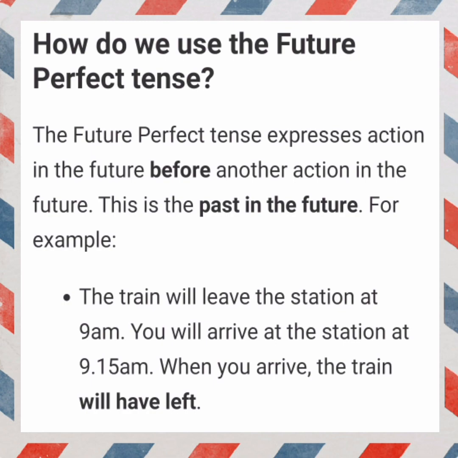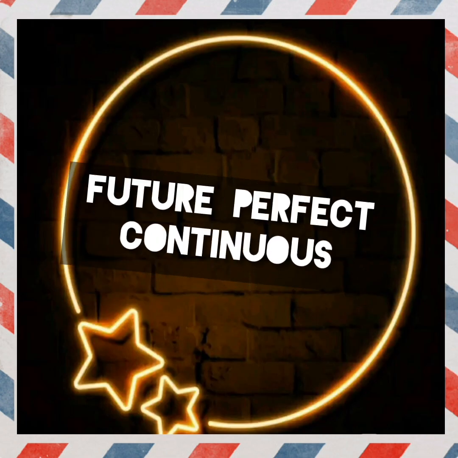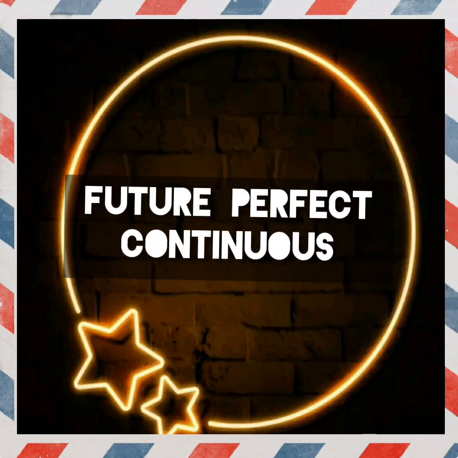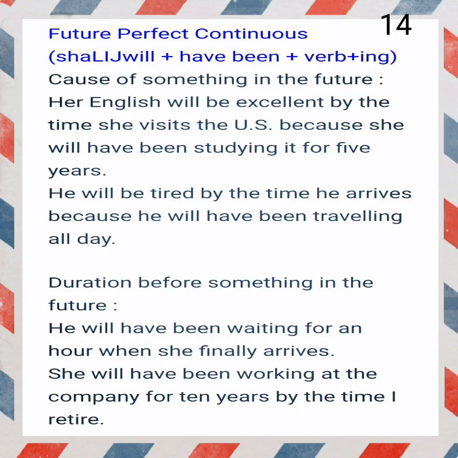Now, let's see about future perfect continuous tense. The format of future perfect continuous is will or shall plus have been plus verb plus ing. It expresses cause of something in the future. Her English will be excellent by the time she visits the US because she will have been studying it for 5 years.